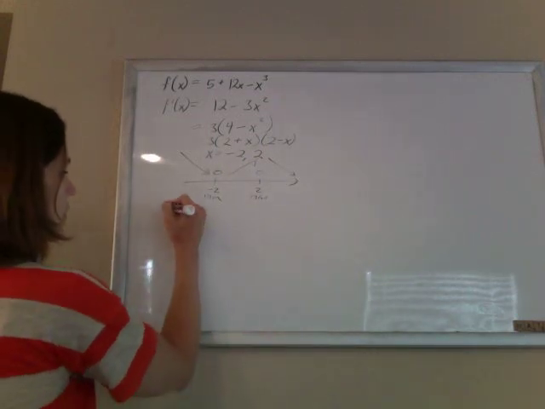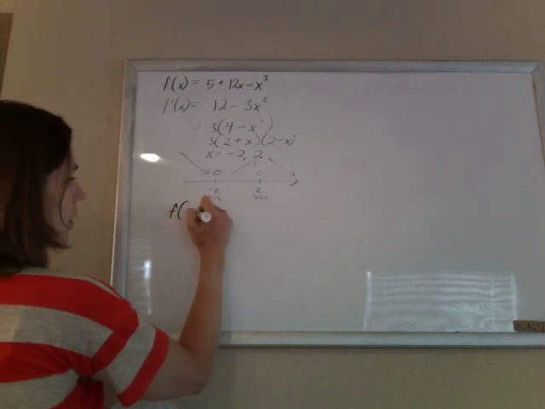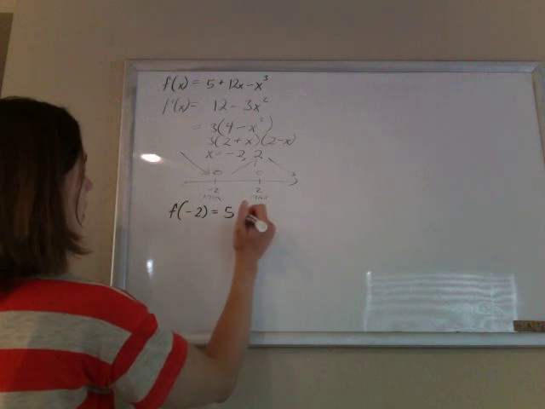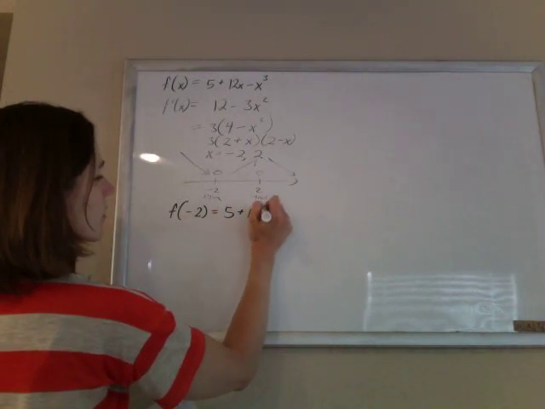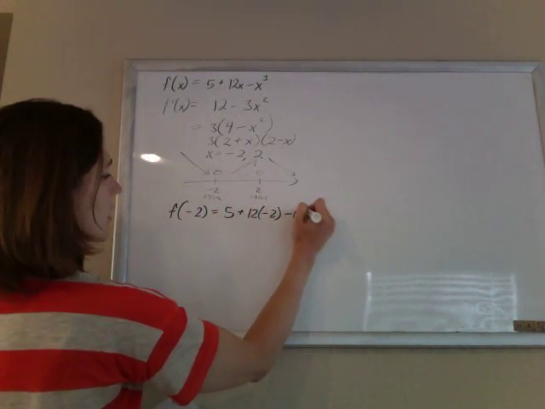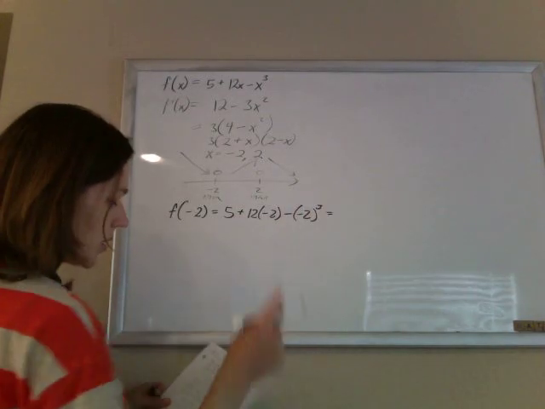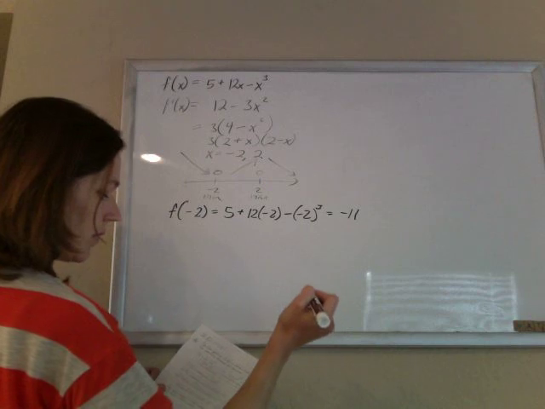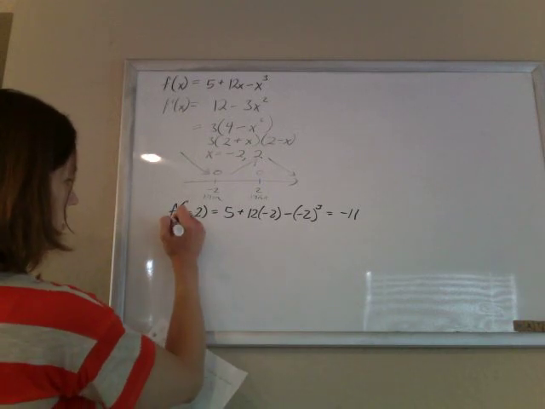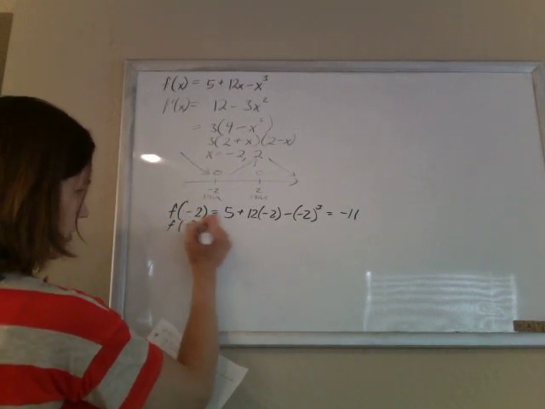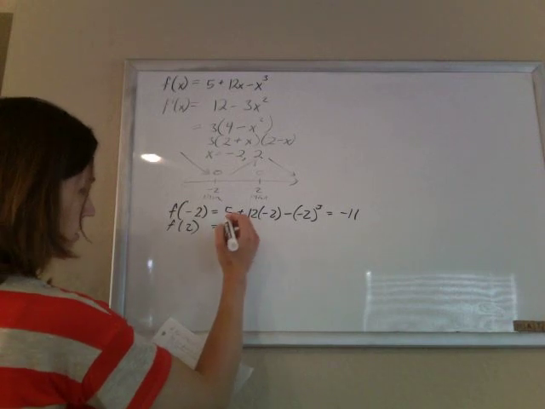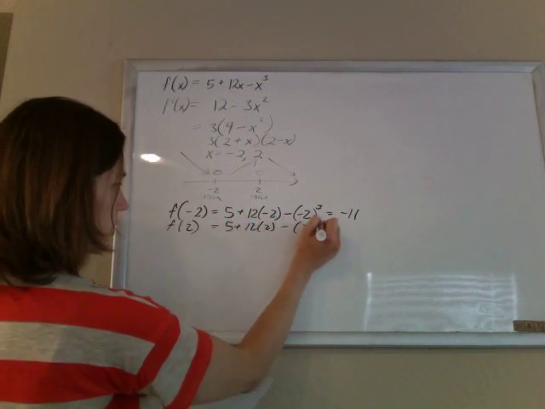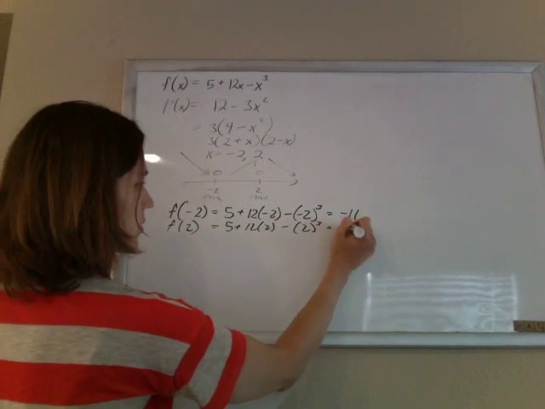So we'll do f of negative 2, and you plug it all the way back into the original, is 5 plus 12 times negative 2 minus negative 2 cubed. And if you do that, you get negative 11, and f of 2 is 5 plus 12 times 2 minus 2 cubed, which is 21.